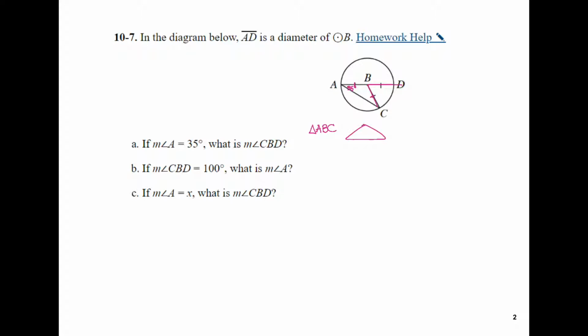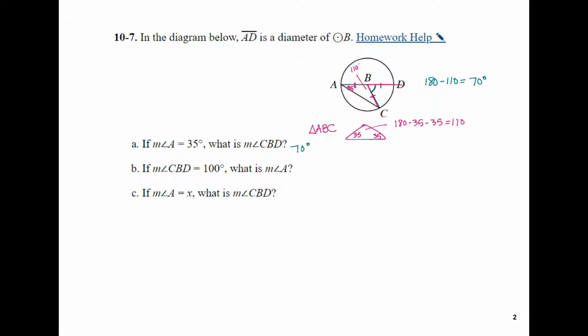So we know that our base angles are both congruent at 35 degrees, 35 degrees. When we take 180 and subtract both 35s, we get 110 degrees. So this angle is 110 degrees. So in order to figure out angle CBD, we want to take 180 minus 110, and that tells us that our angle is 70 degrees.